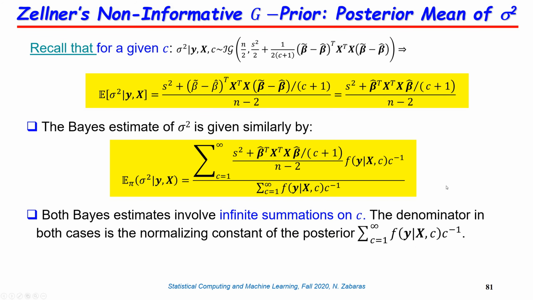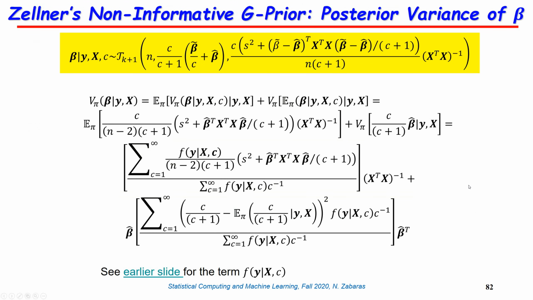And again, we can compute this normalization factor in the denominator and of course the numerator as well. Now, can we do these things, for example, and compute the variance of beta where C has been integrated out?